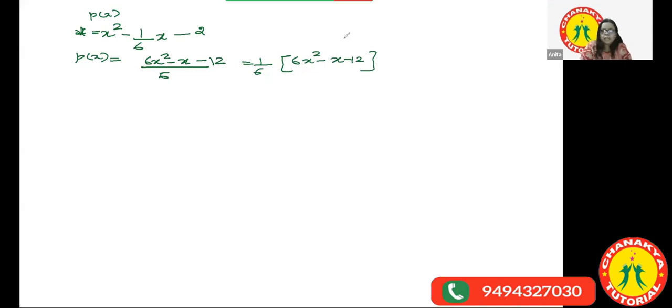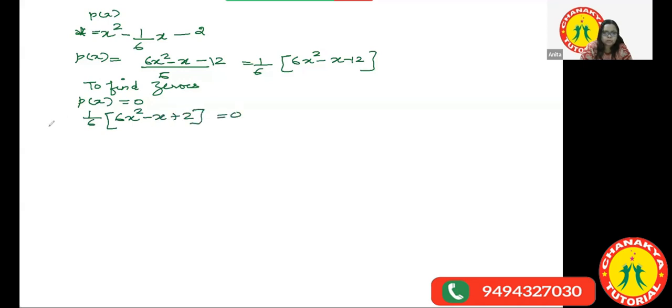Okay. Now, after taking LCM, your next step would be to find the zeros. What will be your next step? You have to put this polynomial equal to 0. Now, 1 upon 6 into 6x square minus x minus 2 is equal to 0.